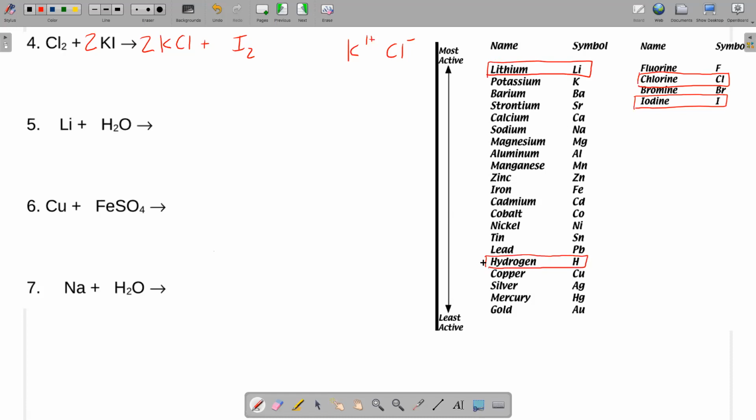So let me see if this is on the ion chart. Yeah. So the way to think of water is a couple different ways.